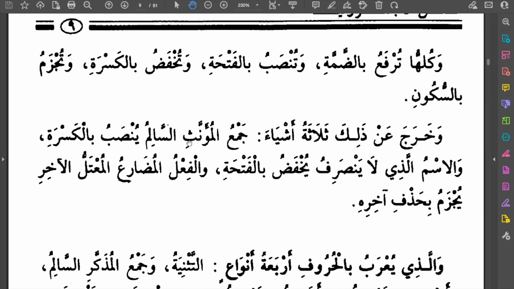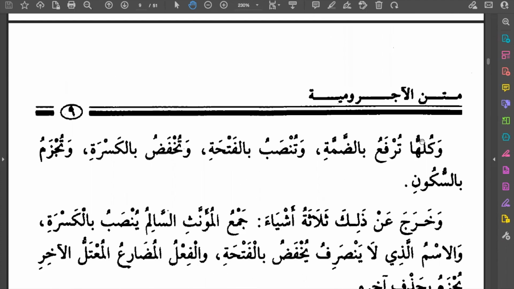One of them is the jam'u al-mu'annath as-salim, which yunsabu bil-kasra, becomes mansub with the kasra, not with the fatha. والاسم الذي لا ينصرف يخفض بالفتحة, and he says the noun that لا ينصرف, that's ممنوع من الصرف, the sign of it being مخفوض, of being مجرور, is a fatha, right, not the كسرة. والفعل المضارع المعتل الآخر, and the فعل المضارع which has a weak letter at the end, يجزم بحذف آخره, the sign of it being مجزوم is a dropping of its last letter, right? So these three here are an exception to the general rule.